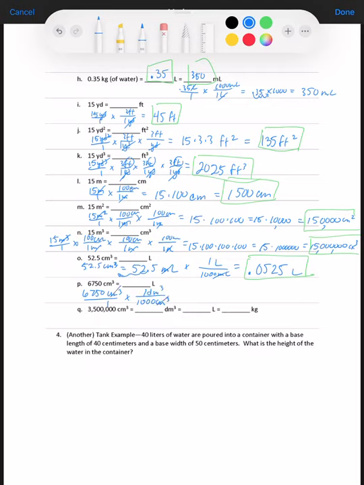And so we'll cancel our centimeters cubed, and we have 6750 divided by 1,000 decimeters cubed. So we move the decimal 3 places to the left for division. That's equal to 6.75 decimeters cubed, which is the same thing as a liter. 6.75 liters. So that's the answer to that one.